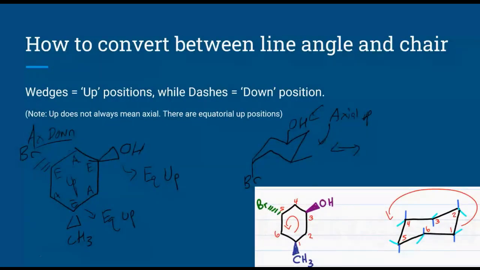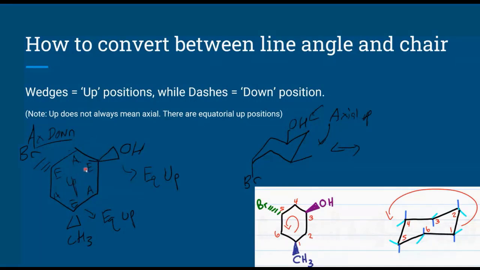Okay, so I'm basically creating a system to go around where if I pick axial, if I start it, because I go alternating, axial, equatorial, right? And I'm going to say that any wedges are going to be indicating the up. Sorry, let me rephrase this. Wedges are going to match my ring.